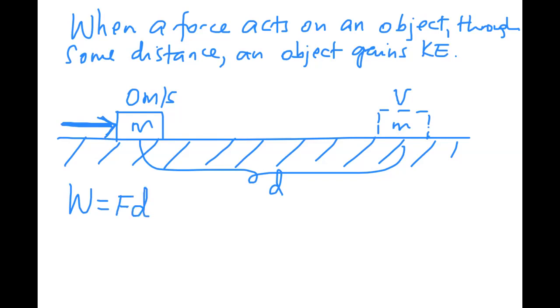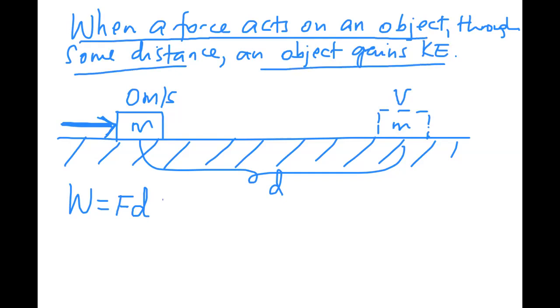Now, what this statement says is that the work done will turn out to be the gain in kinetic energy. So the kinetic energy gained will be just 1/2 mv squared.